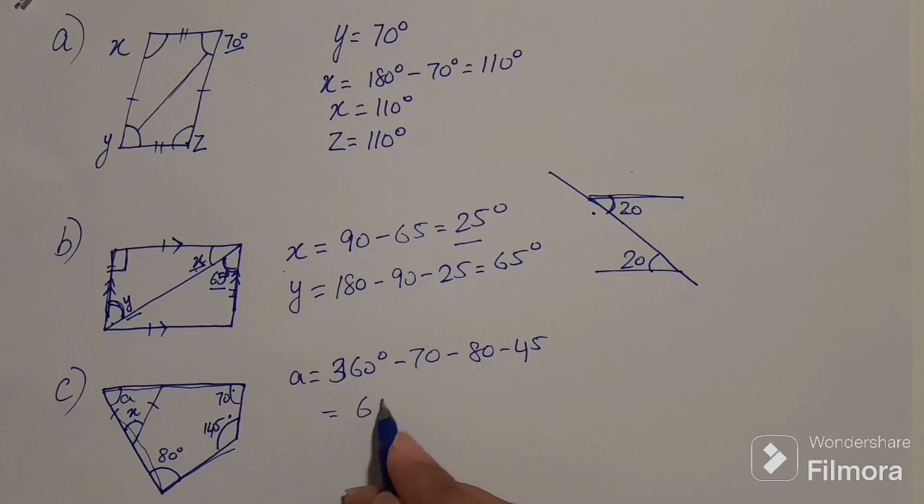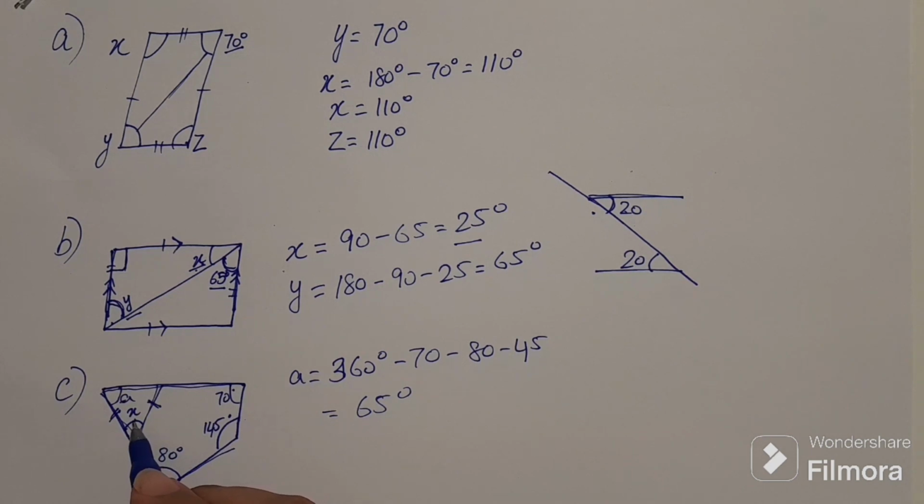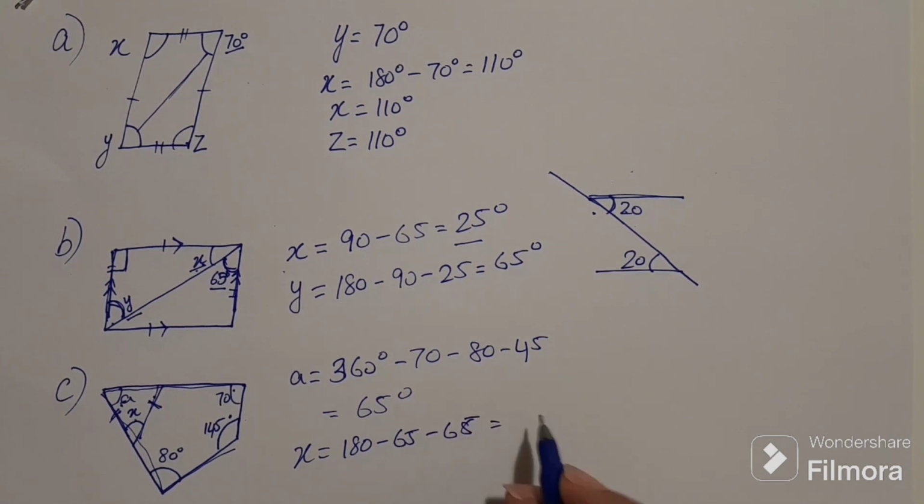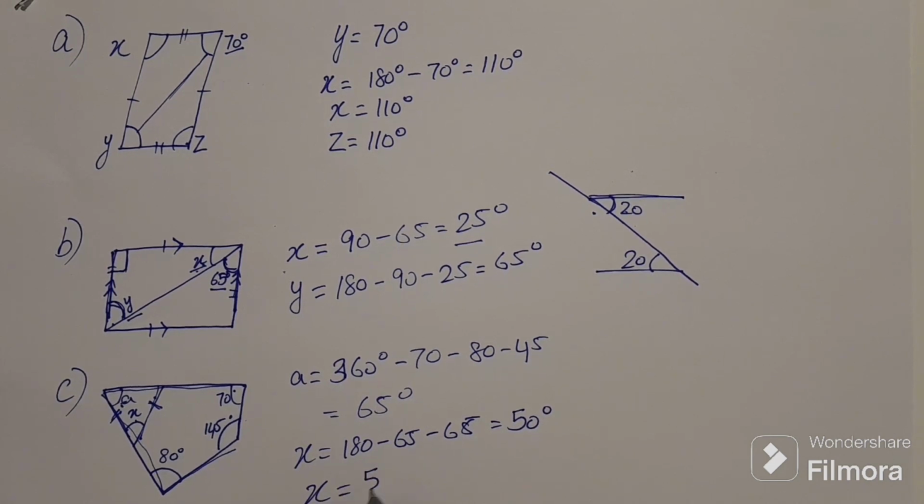So the angle is 65 degrees. Now if this is 65, this will also be 65, because here we have these lines stating that this and this line are equal. So this is an isosceles triangle. So this angle and this angle are the same. So we will write the value of x is equal to 180 minus 65 minus 65. That will be 50 degrees. So the value of x is 50 degrees.